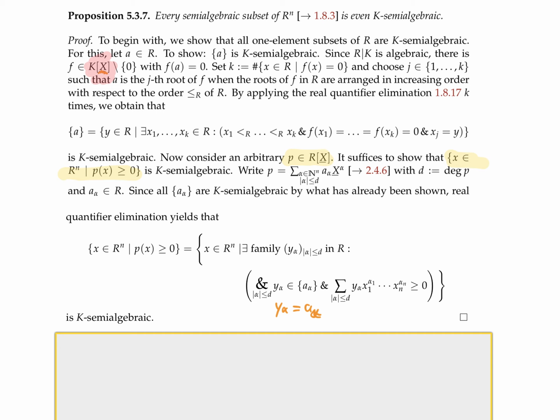So since I have already shown that I can express this condition of being in the singleton set using k-semialgebraic polynomials, using polynomials over k, that's okay, right? So this is just a polynomial inequality, right?